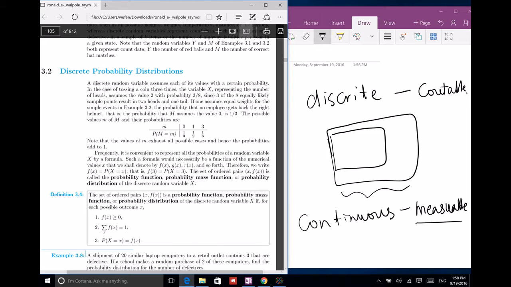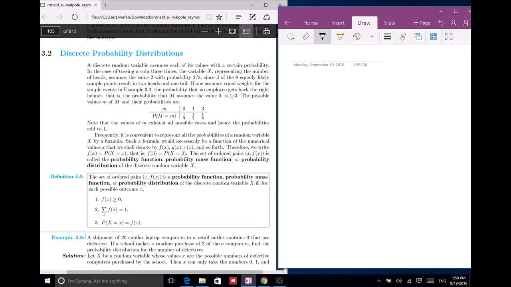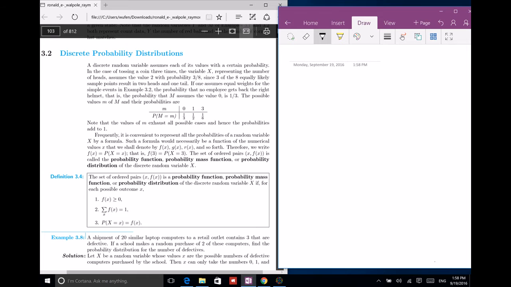Next is the discrete probability distribution. Basically, for the set of ordered pairs (x, f(x)), f is the probability mass function.